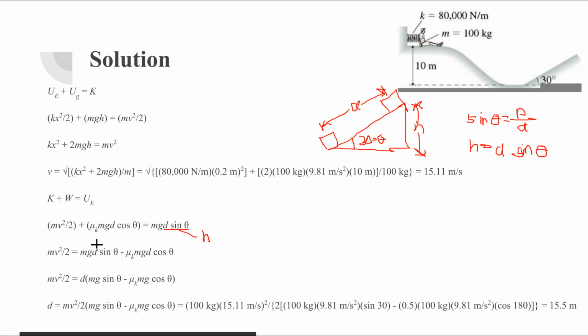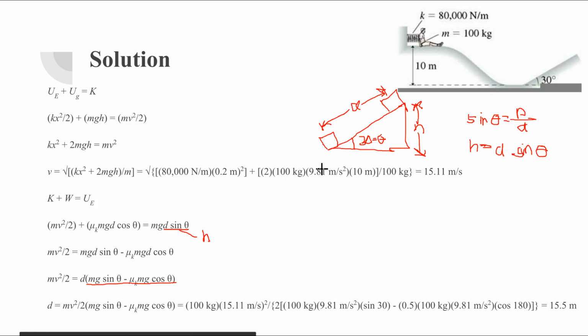We just divided both sides by this expression. I thought I almost made a mistake. If we substitute all of these, just a lot of numbers, we get 15.5 meters. Even with this huge coefficient of kinetic friction, he will still slide up 15.5 meters.